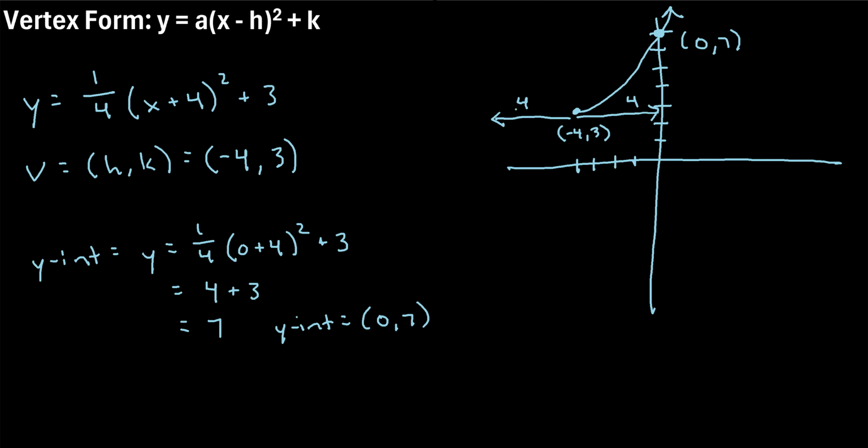So negative 4 minus 4 will put us at negative 8. We'll say 5, 6, 7, 8. And we know that the point over here must have the same y value as the y-intercept. So this point will be negative 8, 7, because that's the point that is symmetrical to 0, 7. So we can go ahead and draw this left-hand side of the parabola, and it goes through the point negative 8, 7. So that's how we can draw this parabola using just this equation in vertex form.